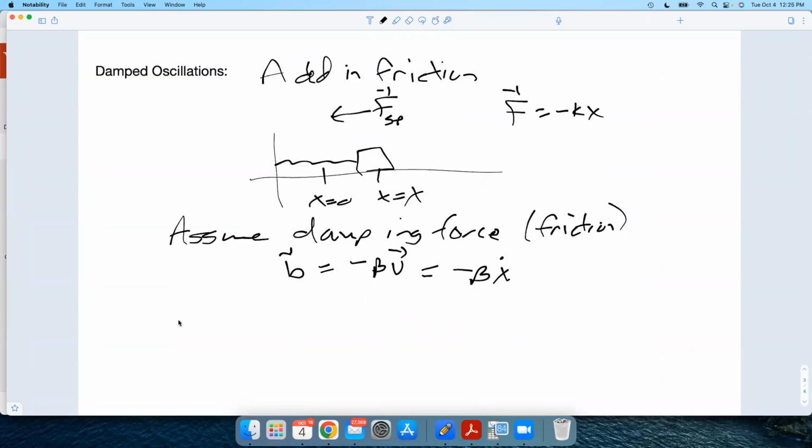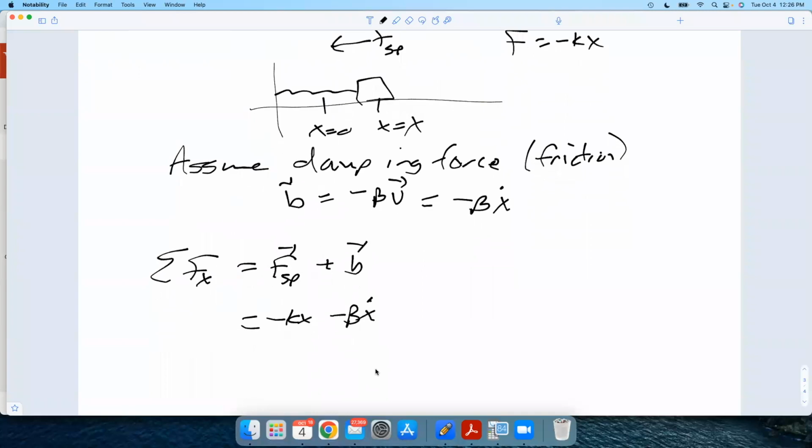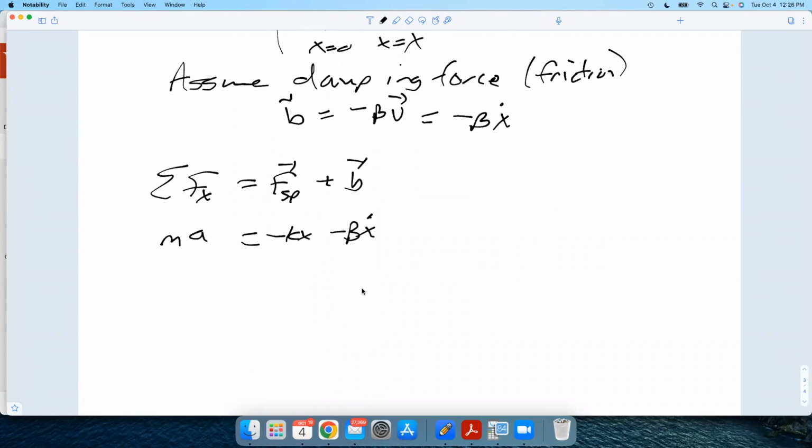So the sum of the forces in the x direction, all the forces in the y direction cancel out, will be the spring force as a vector plus this frictional force as a vector. That will be negative kx minus beta x prime. But we've taken physics, the sum of the forces is the mass times the acceleration, and we know acceleration is the second derivative.